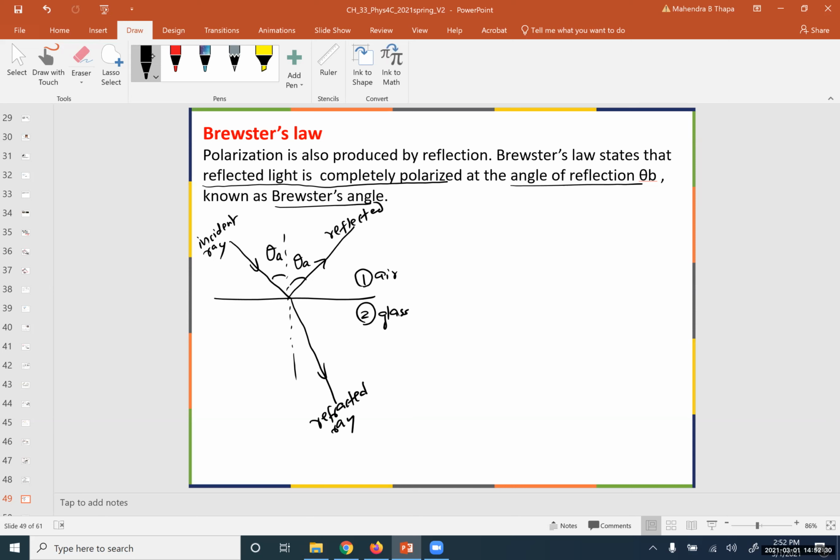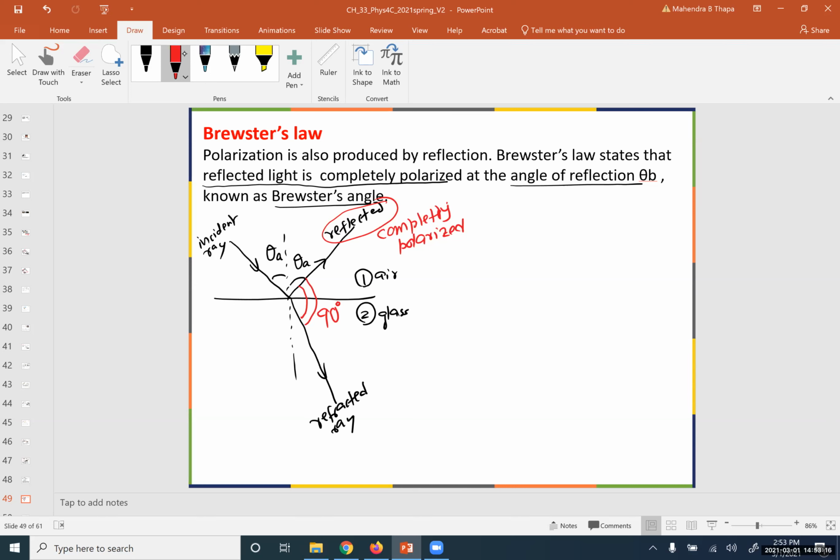The experiment shows that if the angle between the refracted ray and the reflected ray is perpendicular, only under this situation, then in that scenario the reflected light is completely polarized. This is Brewster's law.